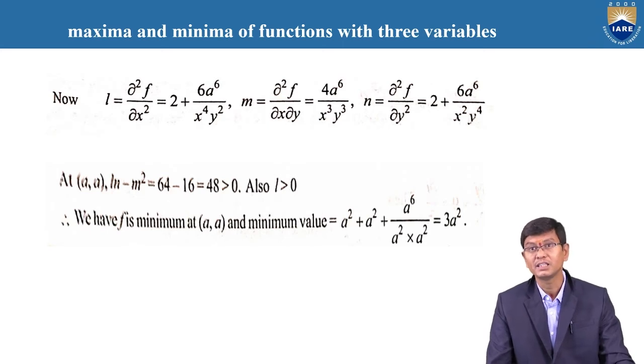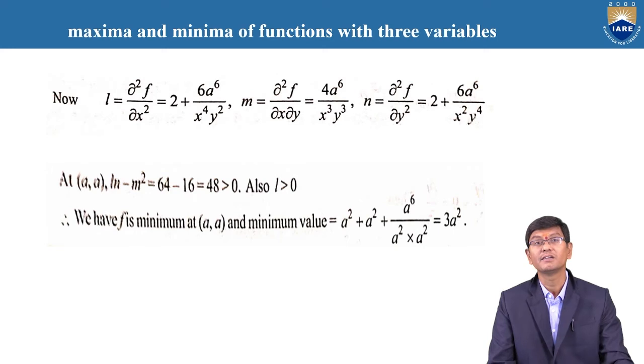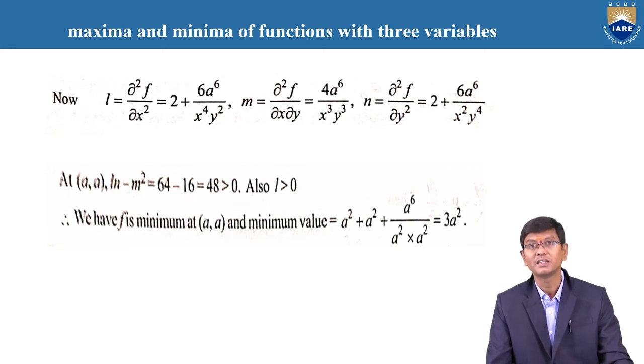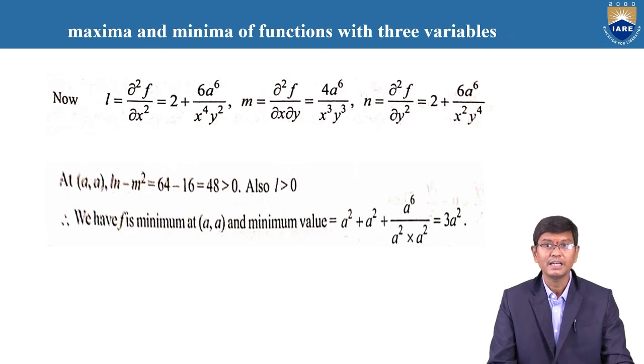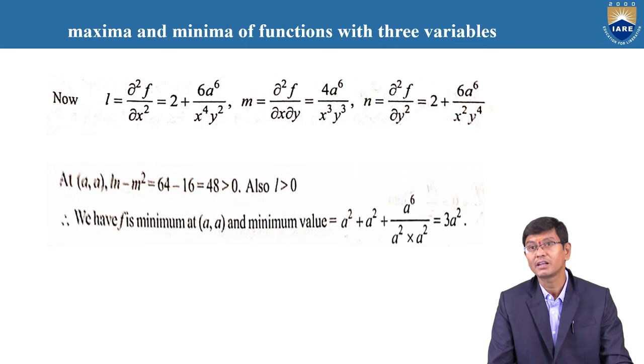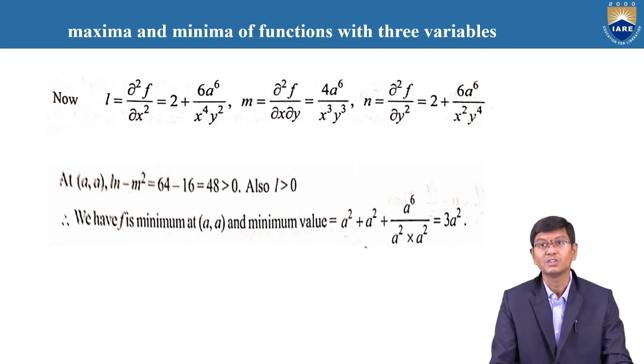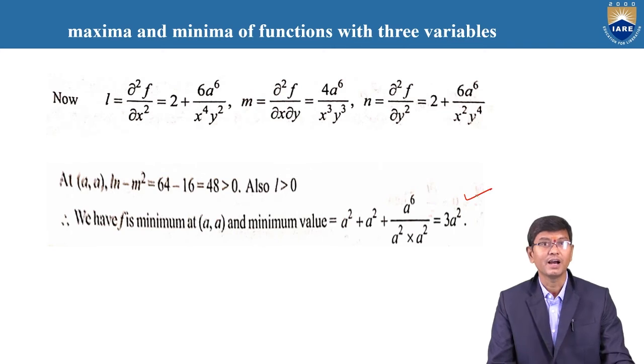Moreover, L is also greater than 0 at the stationary point. According to the working rule, the function has a minimum value at the point (a, a) only. Therefore, the minimum value of the given function is a square plus a square plus a^6 by a square into a square. The final solution is that the minimum value is 3a square.